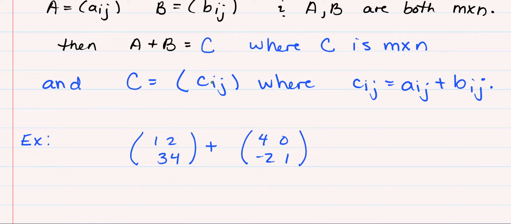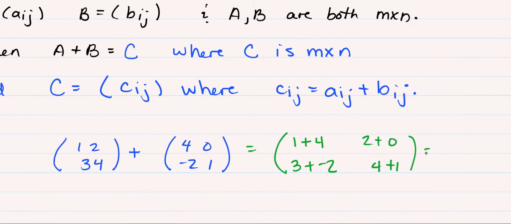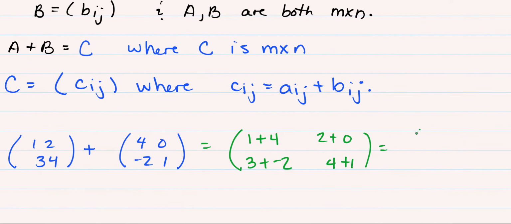If I want the 1, 2 entry, which would be the second piece, you would do 2 plus 0. So 1 plus 4, 2 plus 0, 3 plus a negative 2, and then 4 plus 1. So you're left with 5, 2, 1, 5.